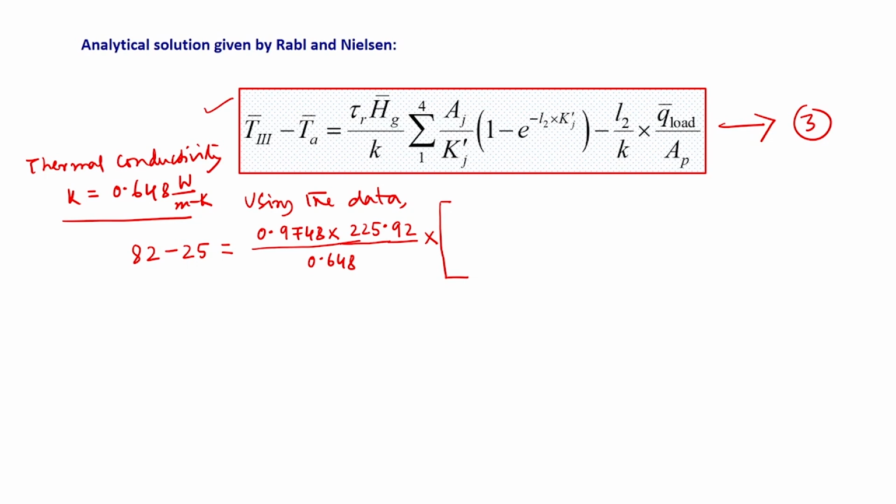So, here is a, so I will write j from 1 to 4. First let us learn how to express it. A1 by K1 dash. Okay. So, this one is j equal to 1 to 4, right, and this is 1 minus e to the power of minus, I will use first K1 dash multiplied by L2.